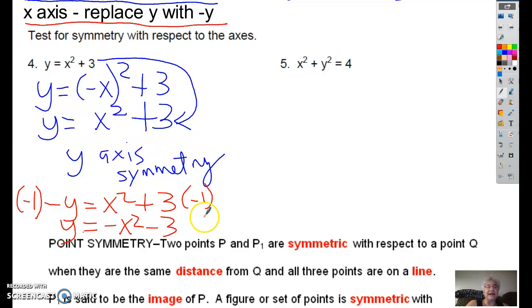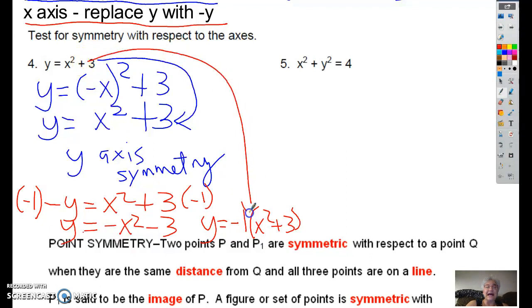And even if I factored out the negative 1 or never multiplied it in the first place, we can see that our beginning equation is not the same as our ending equation, so that there is no x-axis symmetry.